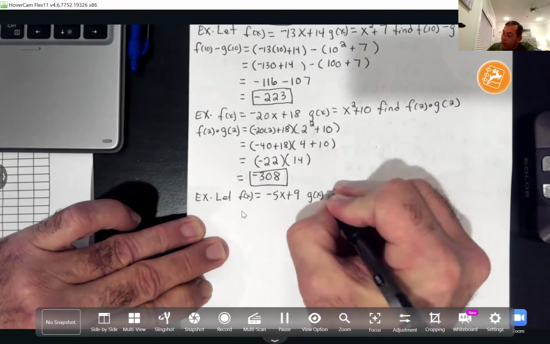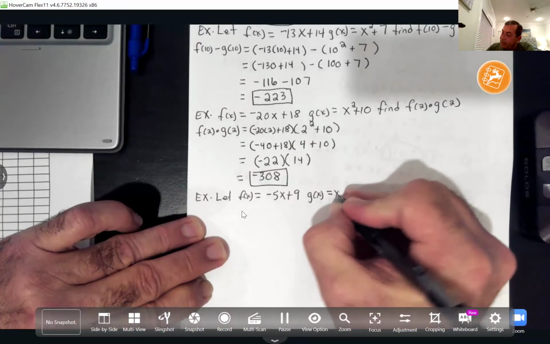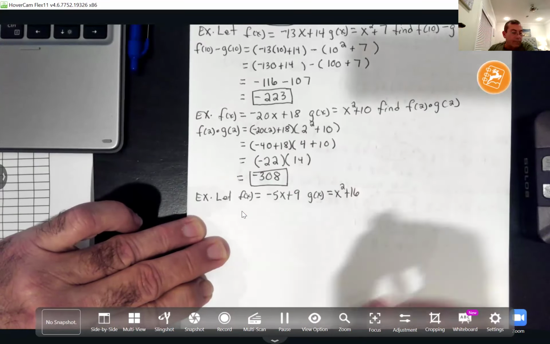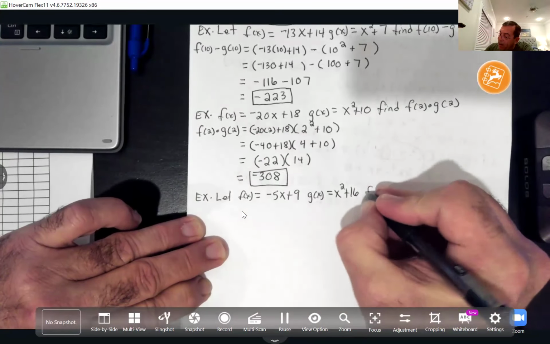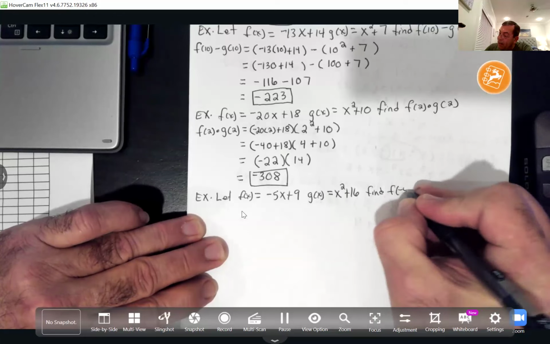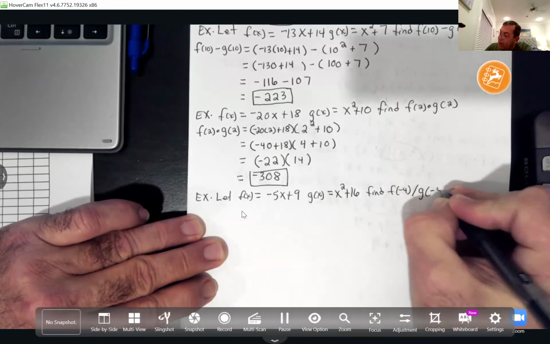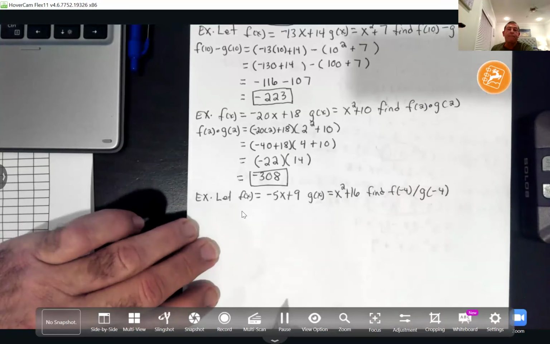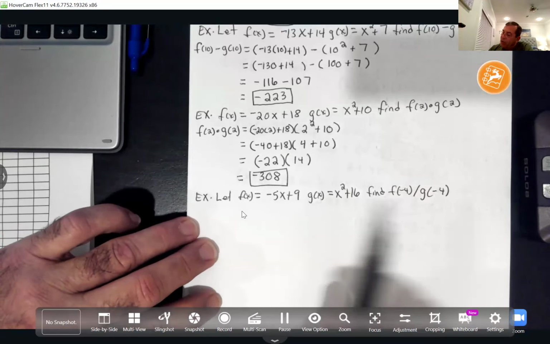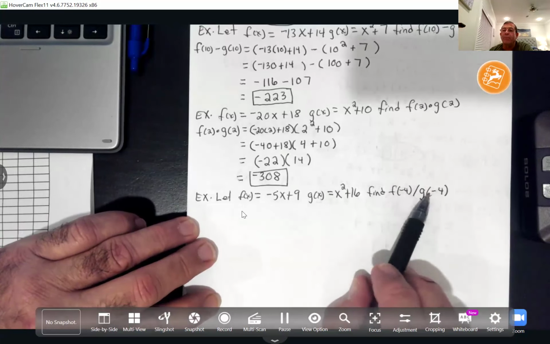G of x, y'all, is going to equal x squared plus 16. They want us to find f of a negative 4 divided by g of a negative 4. Now, I have noticed on all the problems, we're getting the same number for each function to put in, okay?